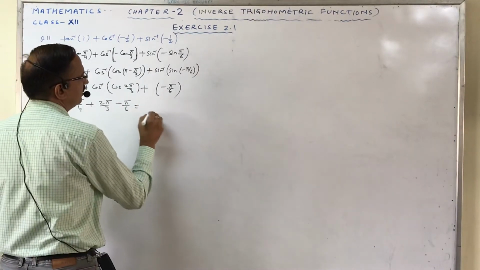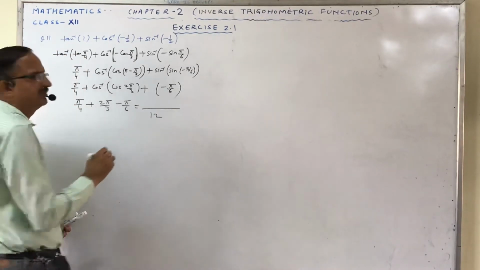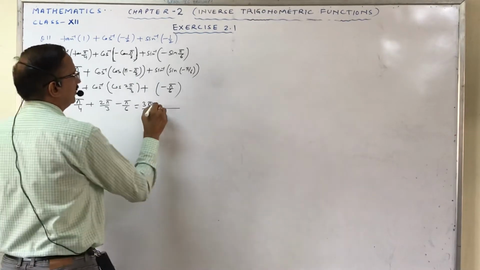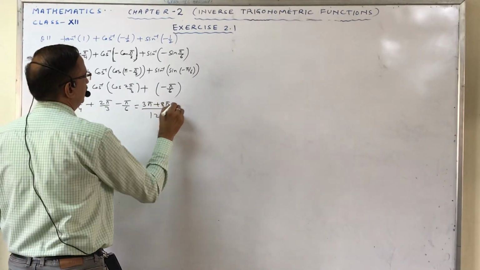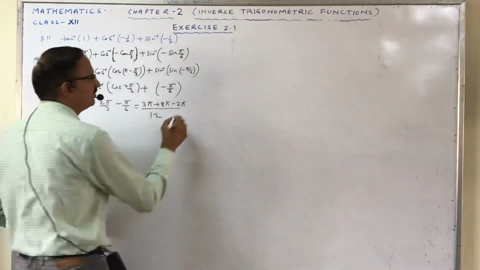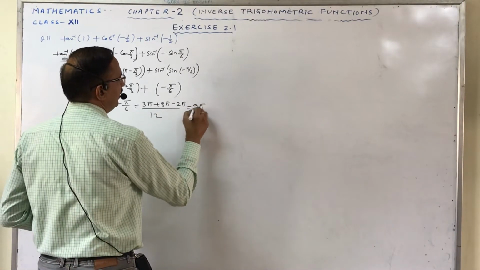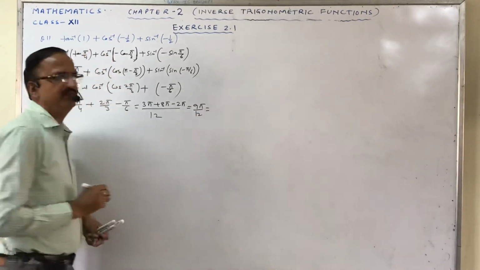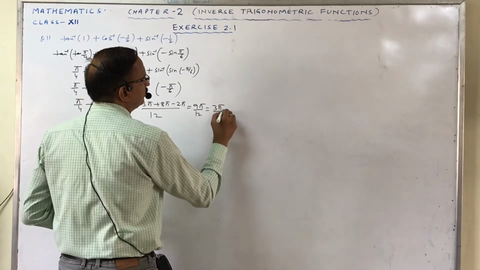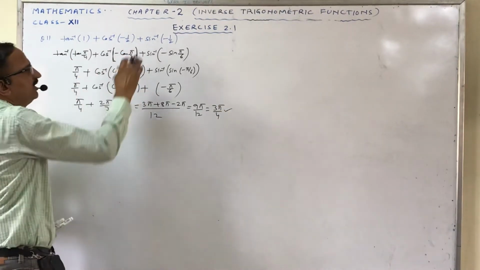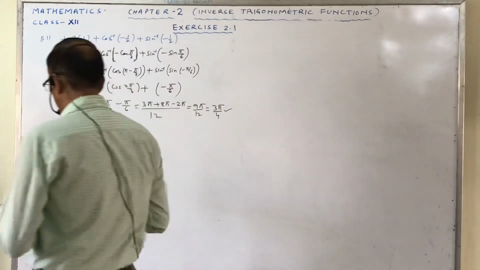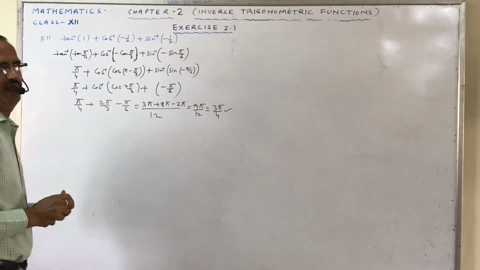The LCM is what? 12, and this becomes 3 pi, then 8 pi, then 2 pi. So it becomes 9 pi by 12, and finally we will get 3 pi by 4. So this is the value of the given expression.